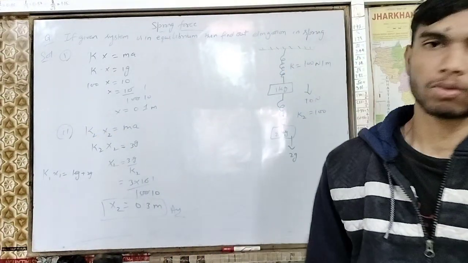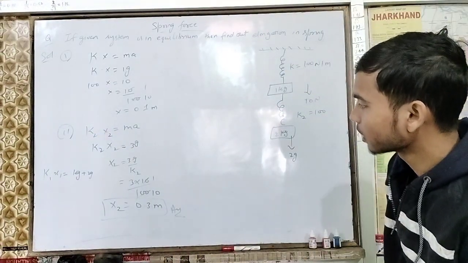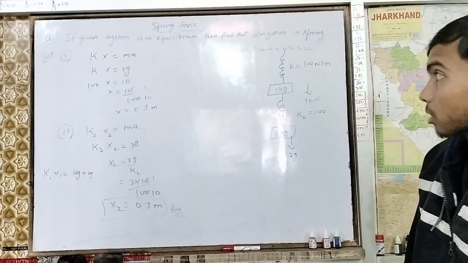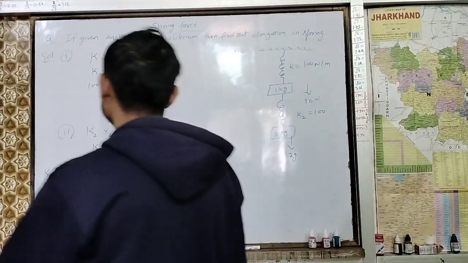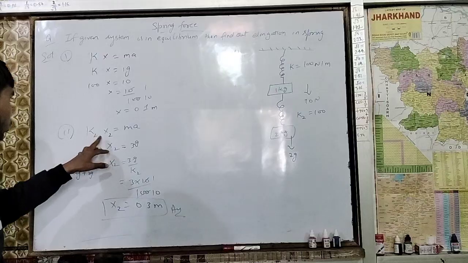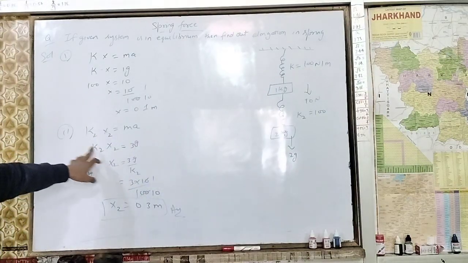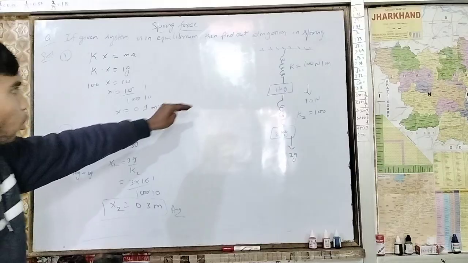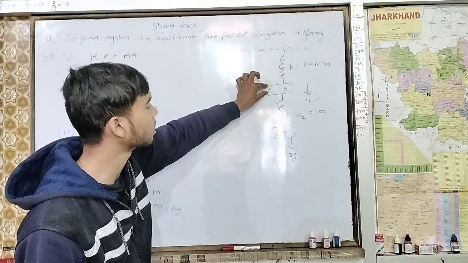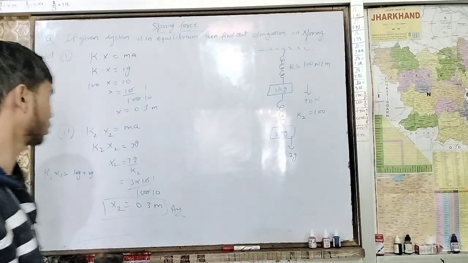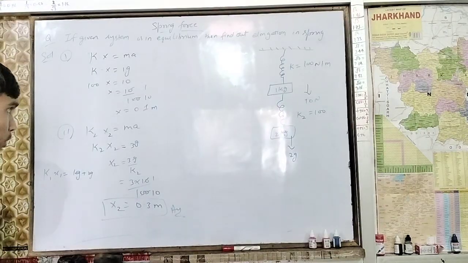A spring force was given, and we just calculated X2, which is 0.3 meter. K into X is equal to M. Over here, total force downward is how much? This is mg, 10 plus 20, 30.